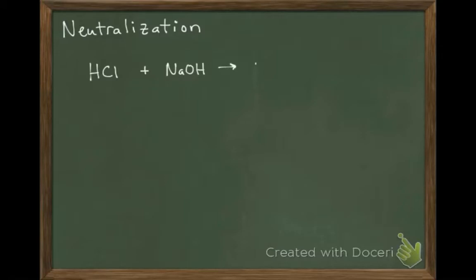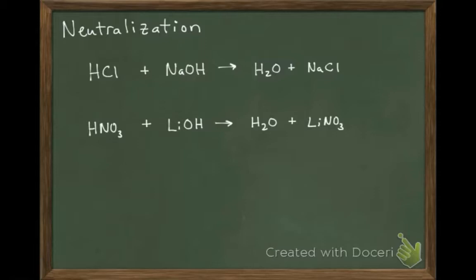HCl plus NaOH forms water plus NaCl, and then also nitric acid plus lithium hydroxide forms water and lithium nitrate. Now see, both of these acid-base reactions involve strong acids, HCl and nitric acid. These are both strong hydroxide bases. They produce water and a salt.